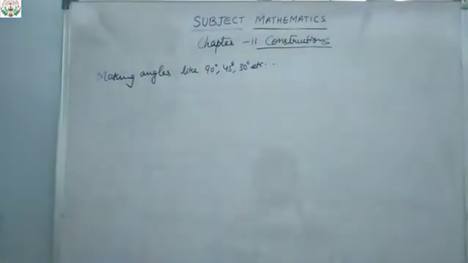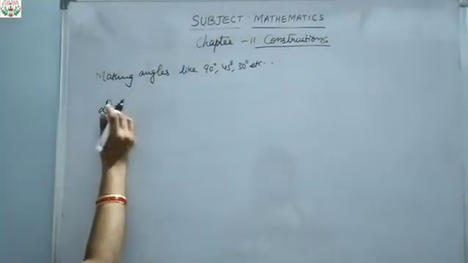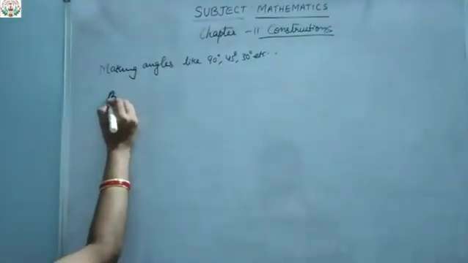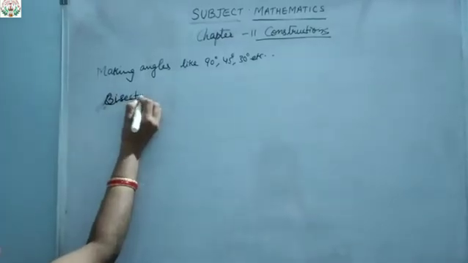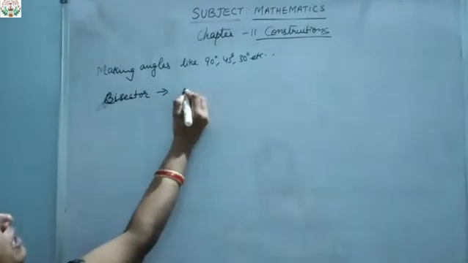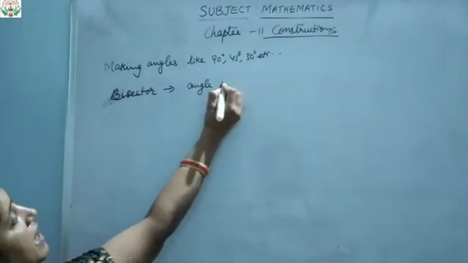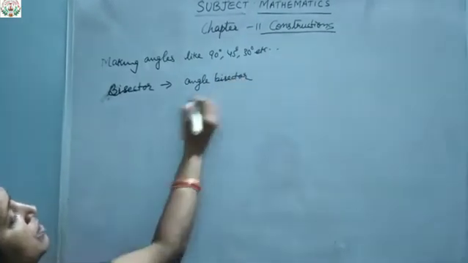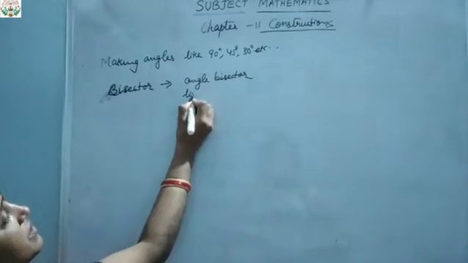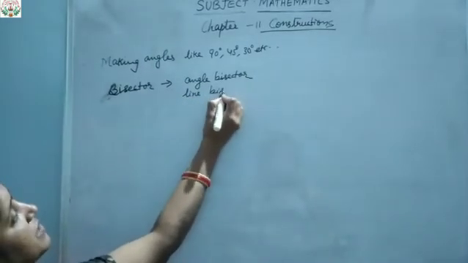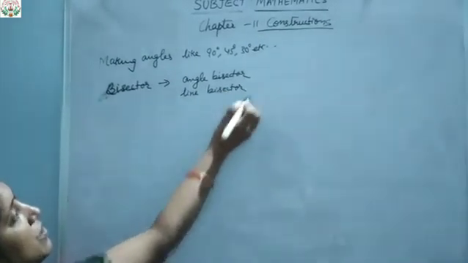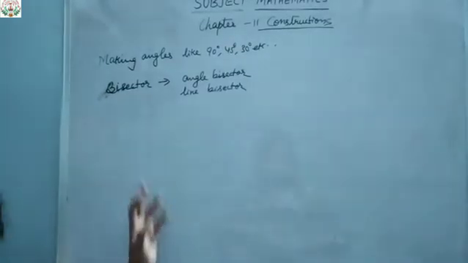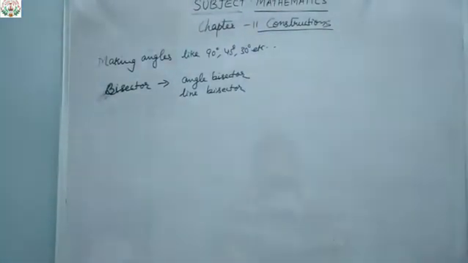First we will see the bisectors. Bisectors can be angle bisector or line bisector. First, angle bisector, how will you do?